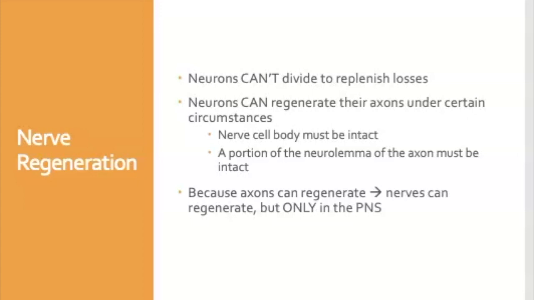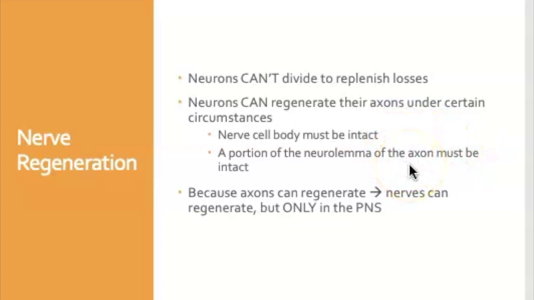But neurons can regenerate their axons under certain circumstances. We need the neuron cell body to be intact. And you need at least a little bit of the neurolemma of the axon hillock to be intact. In other words, you need a little bit of the membrane of the axon hillock, and sometimes even down into the axon itself.